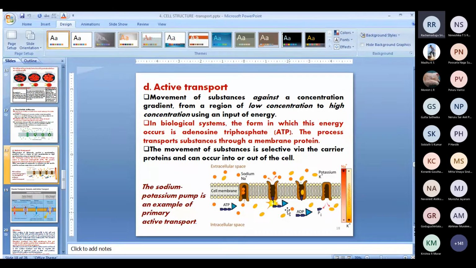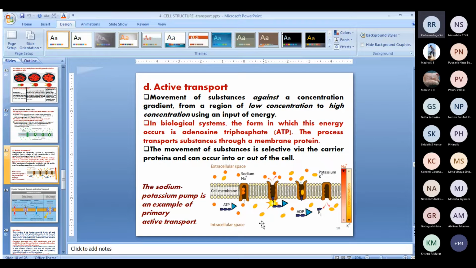I have already told you that for normal functioning of the cell, the ions play a very important role, particularly in nerves and nerve cells. In neurons, if they have to communicate any information, the sodium and potassium ion concentration plays a very important role.